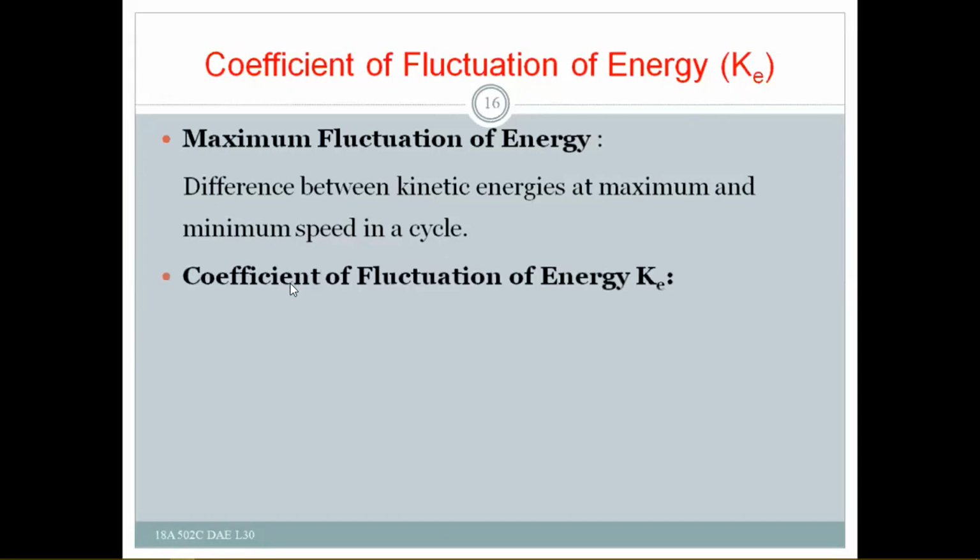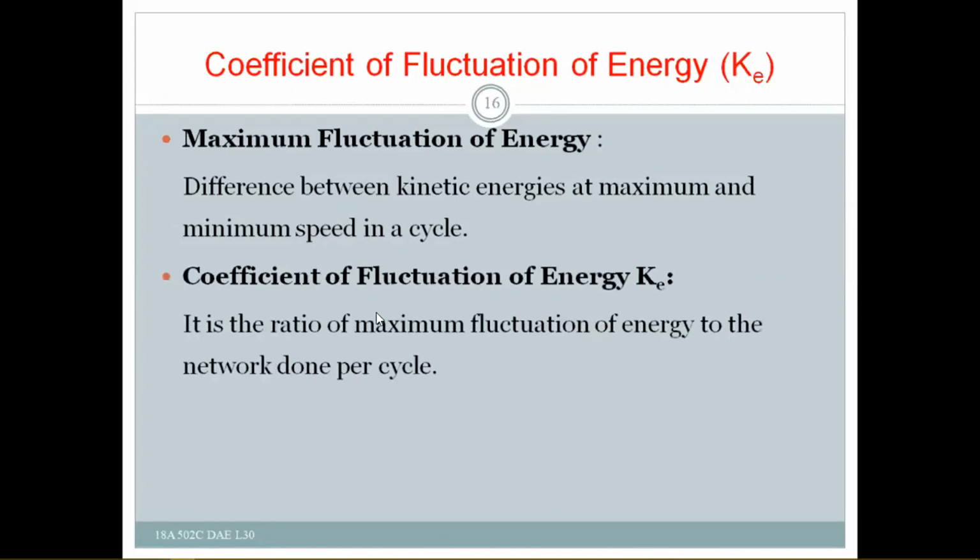Now the coefficient of fluctuation of energy, Ke, is the ratio of the maximum fluctuation of energy to the net work done per cycle.